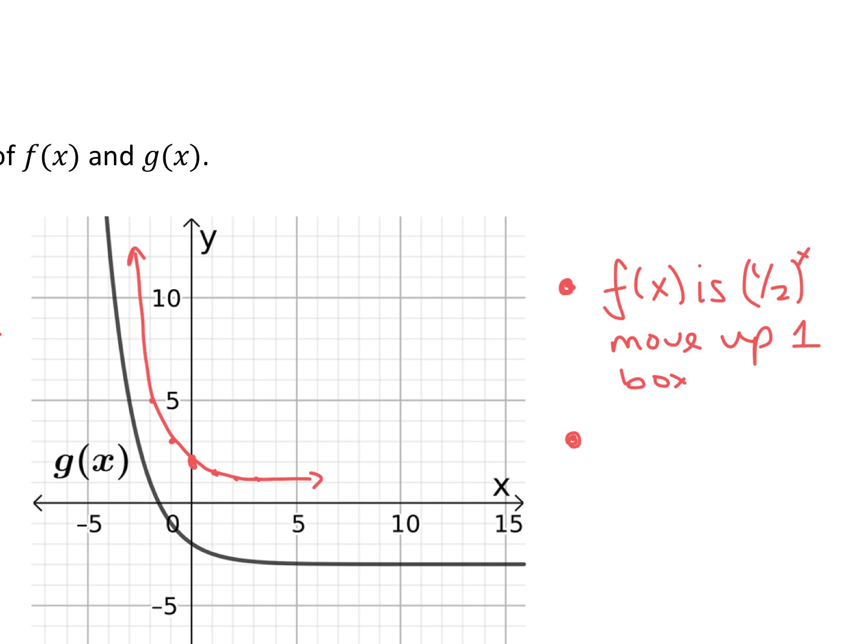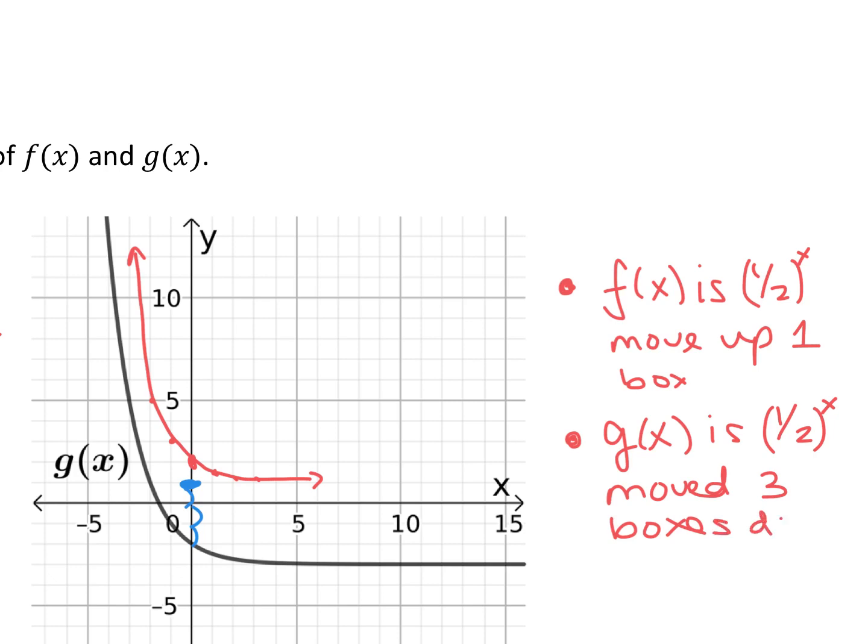Do you see that 1/2 to the x power should have crossed the y-axis right here? That should have been its y-intercept if we didn't add the 1. So it looks like g of x is 1, 2, 3 boxes lower. So let's make that our second observation. g of x is just 1/2 to the x power moved 3 boxes down.